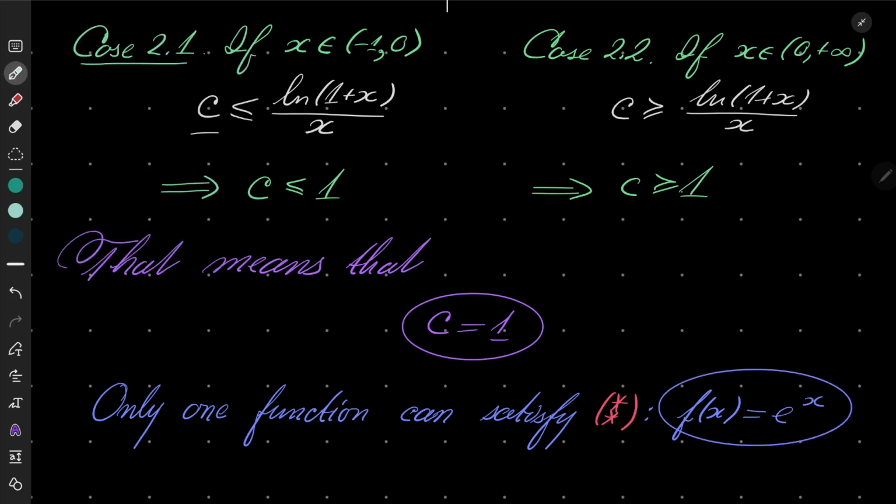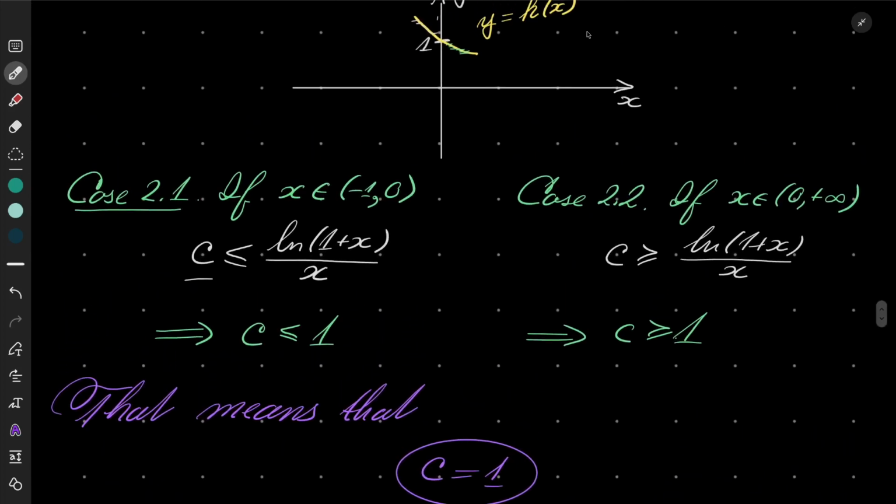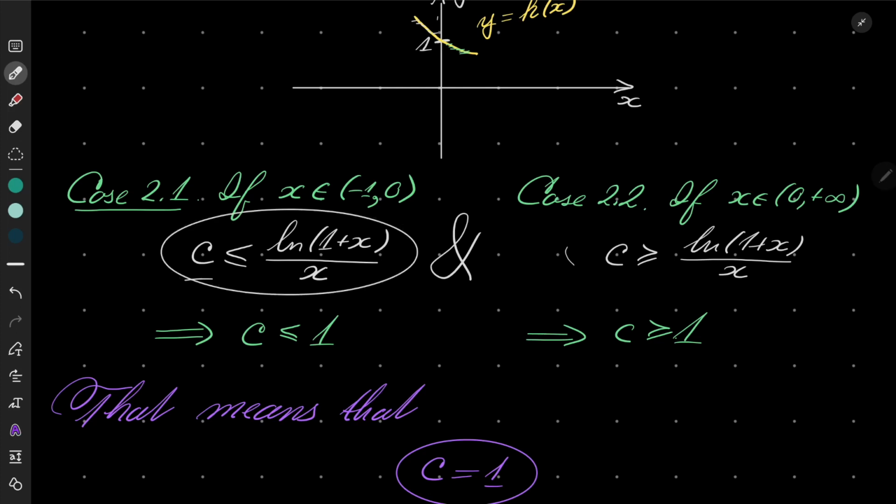The only question now is, is it really satisfied? Yes, it is, because notice that our condition double asterisk was in fact equivalent to these two inequalities, a conjunction of these two inequalities. This one should hold for these numbers, this one should hold for these numbers. And obviously, if c equals 1, both of them are satisfied.